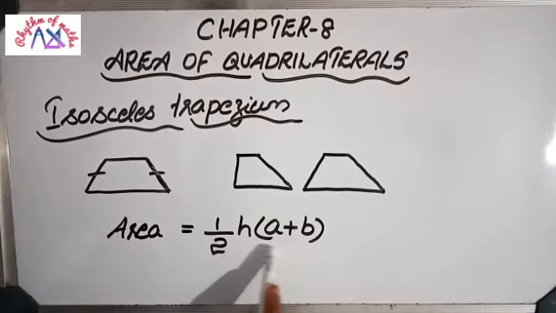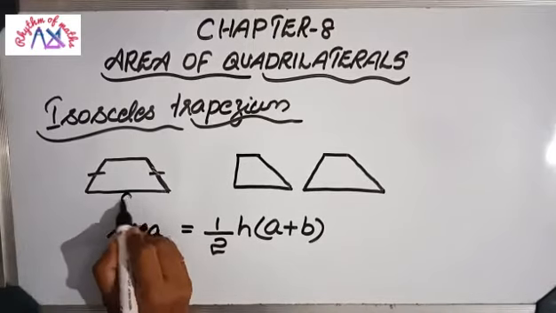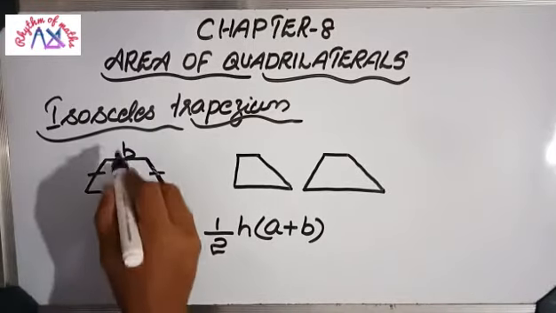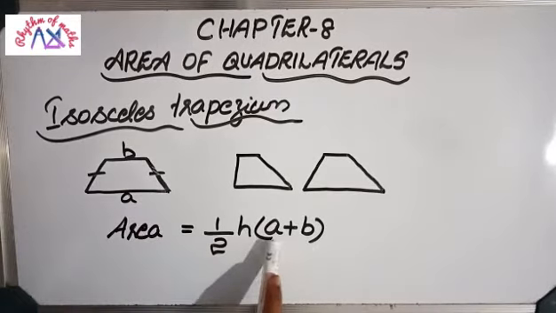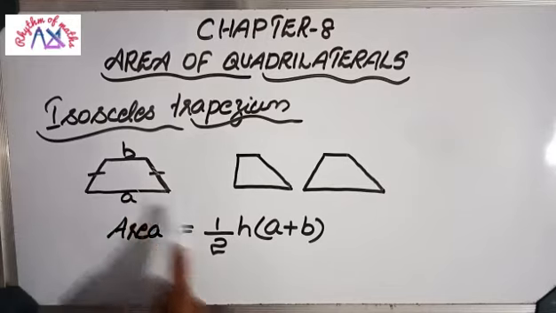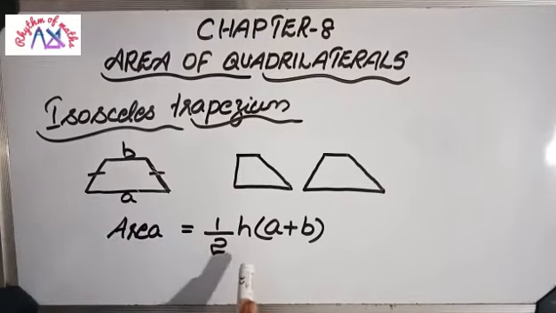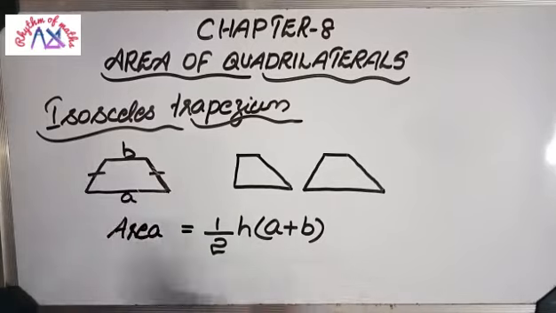A and B are the parallel sides, this parallel side and this parallel side. So the upper base and lower base are A and B, and h means the distance between these two parallel sides, that means the height of the trapezium. So this is the equation, half h into a plus b, to find the area of a trapezium, isosceles and both. Same equation we can apply.